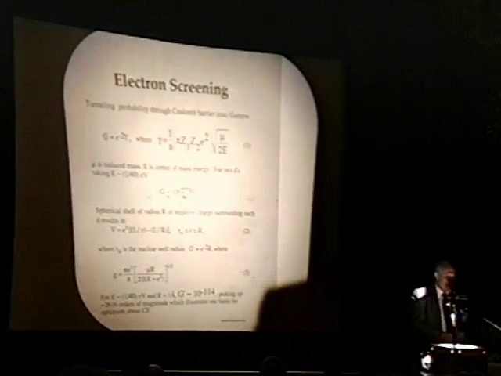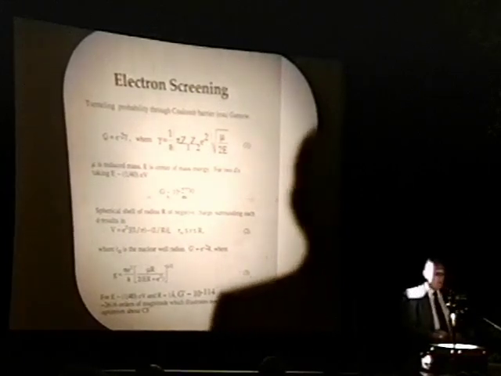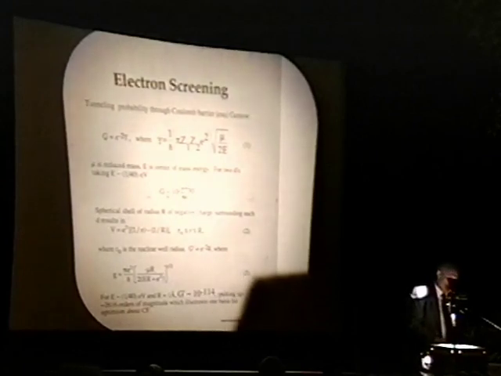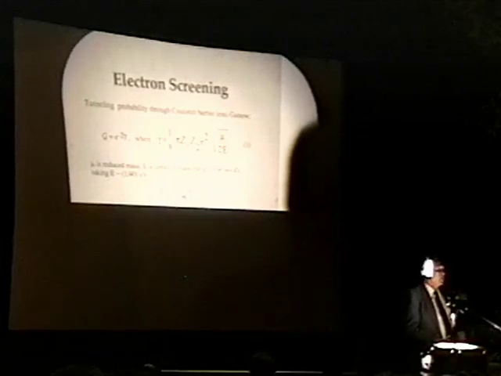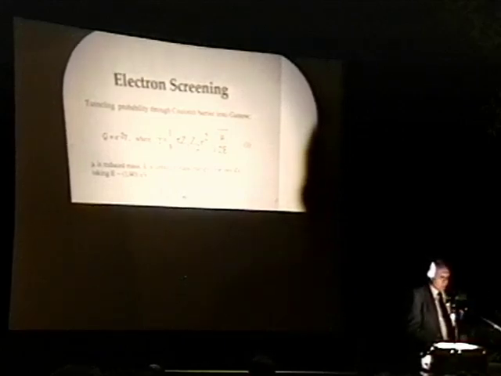Now, on a very simple basis, I want to first use this part to illustrate why the standard community is very dubious. This is John's first miracle, about the high tunneling rates that you need for the fusion rates.